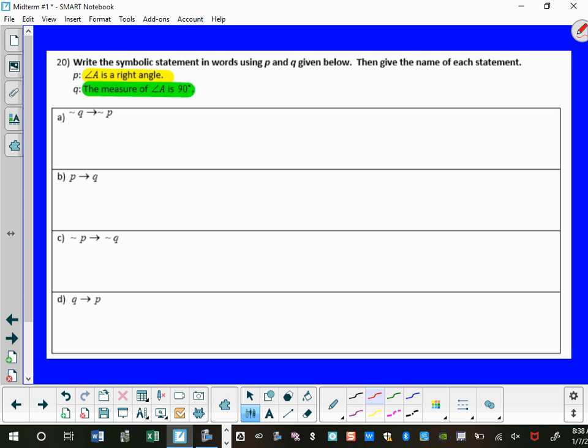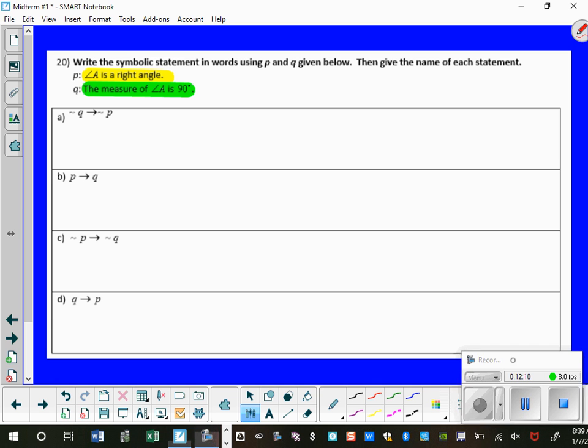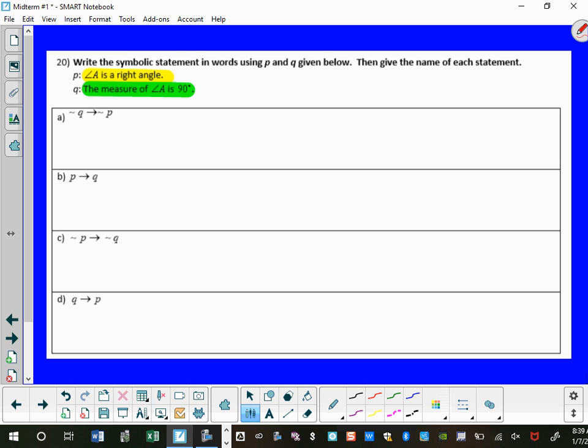So Lindsay, what is my first part of the sentence? It's not Q. Alright, so if not Q, then not P. Lindsay, what's the not Q? What's my sentence? We always start with if. If the measure of A is not. Good. That's the first part.